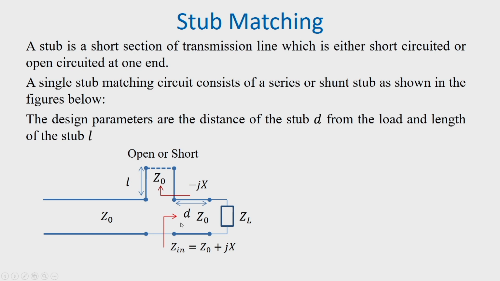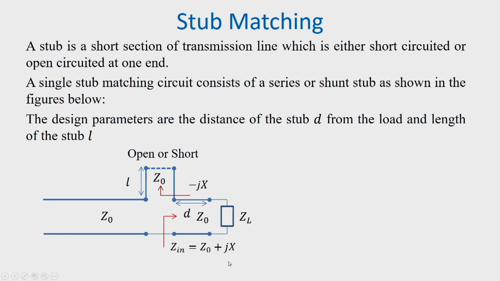So, what we do? We try to find out a length of the transmission line D such that the input impedance looking here becomes Z0 plus jX.